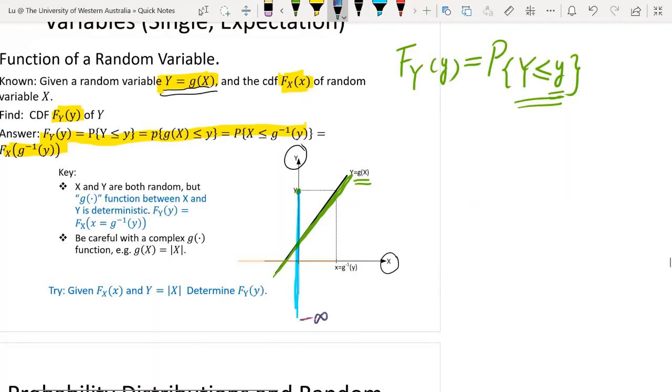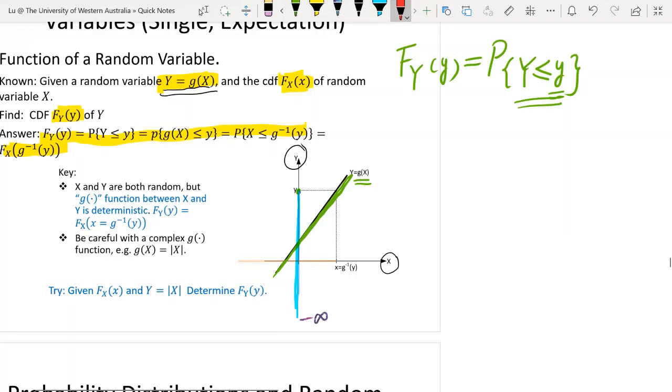Because we have a deterministic relationship between the y value and the x value based on the g(x) function, all the points on this blue segment can be mapped to the corresponding x-axis point through this g(x).